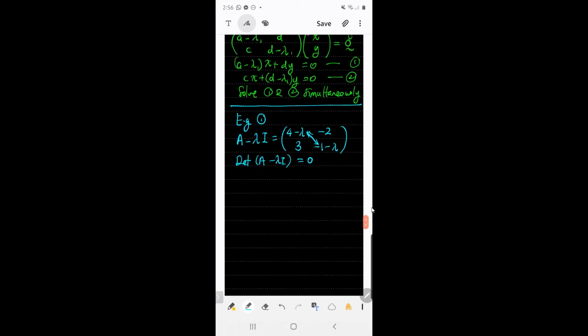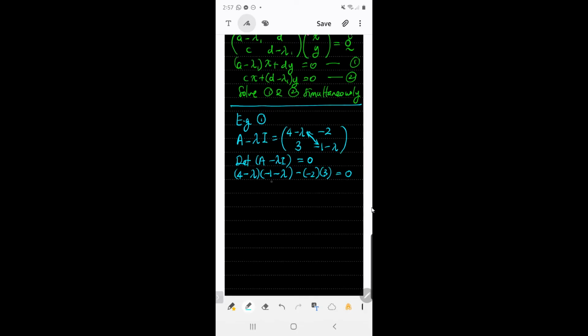So the determinant of A minus lambda I, this is a 2 by 2 matrix, so you can use 4 minus lambda multiplied by -1 minus lambda, and then minus -2 times 3, and this is equal to 0. Right, you need to simplify this part. All right, so can you please simplify for me and give me the final form?